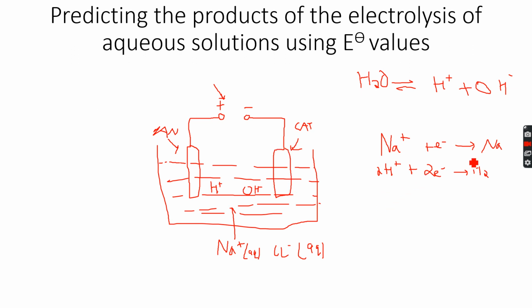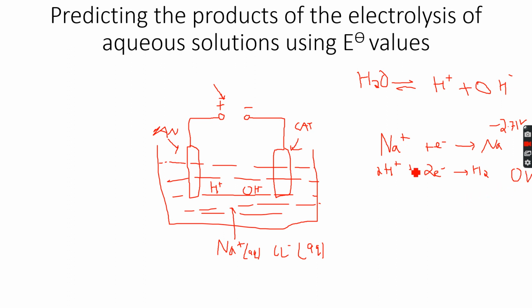So if we look at the E0 values for these two equations, for sodium it is minus 2.71 volts, and for the H plus equation we know it is 0 volts.